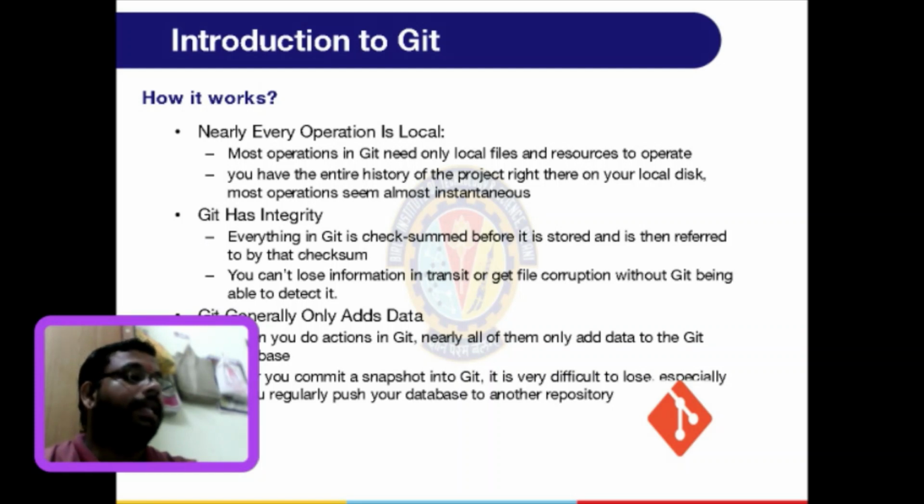Git generally only adds data when you do actions in Git. Nearly all of them only add data to the Git database after you commit a snapshot into Git. It is very difficult to lose, especially if you regularly push your database to another repository.